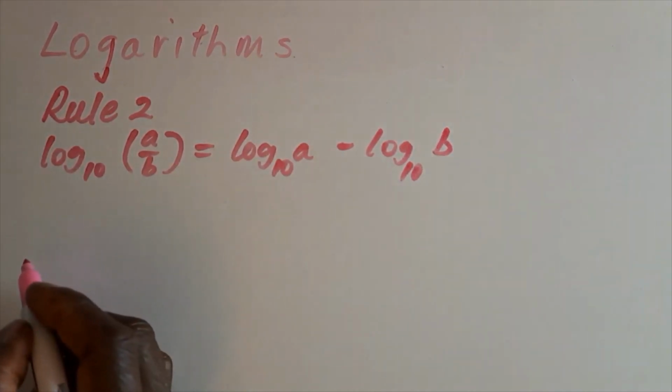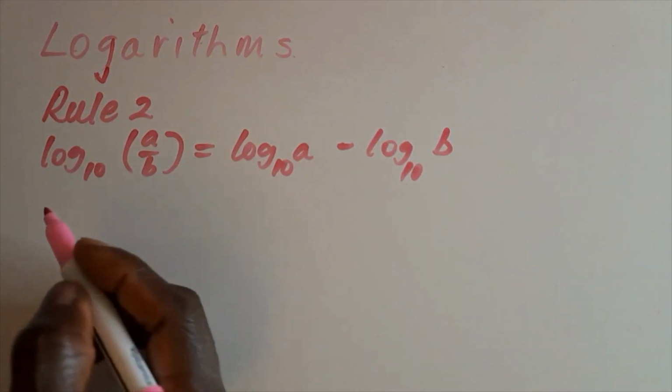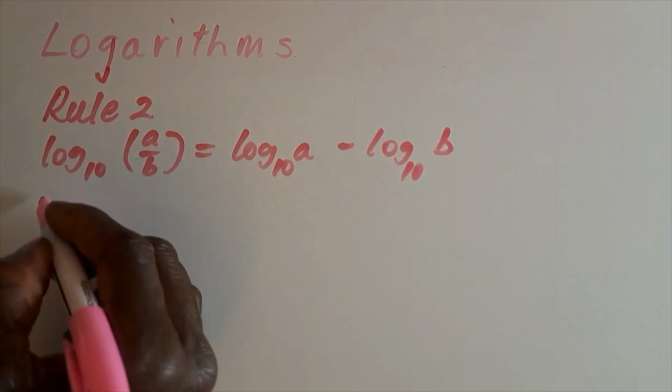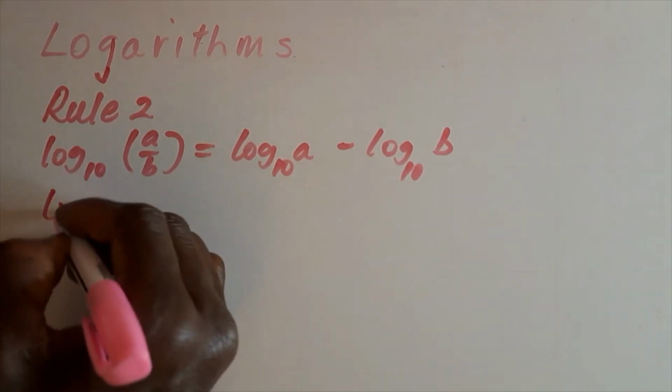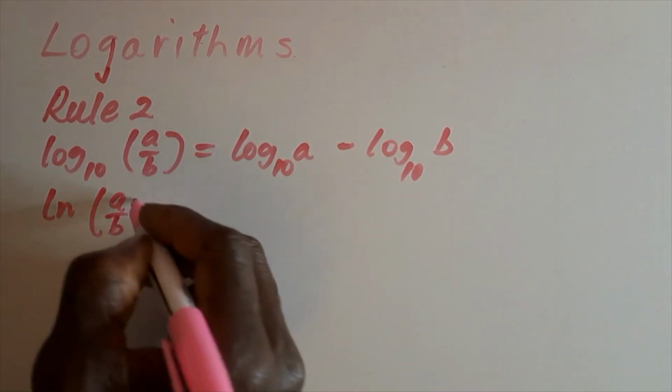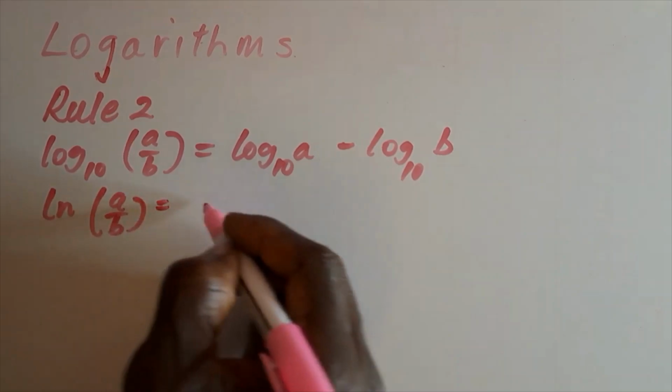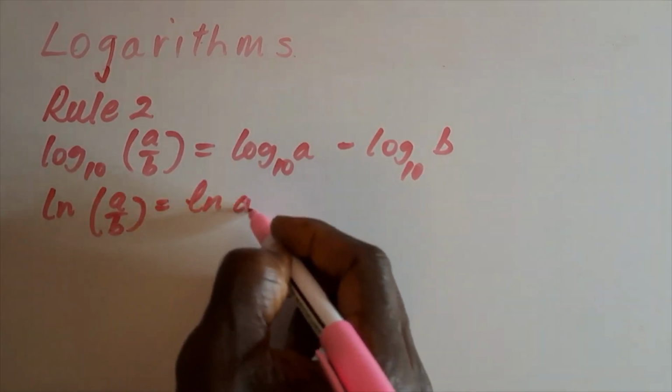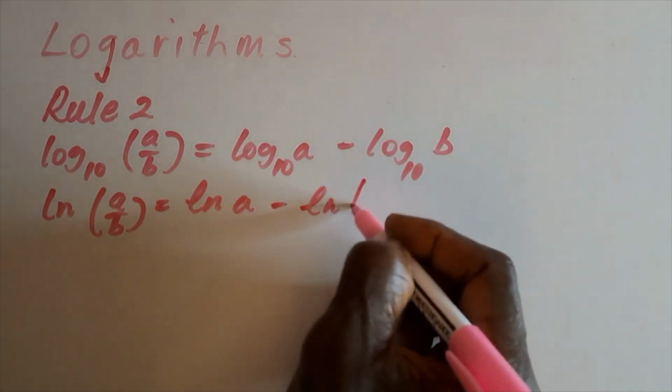And for the natural logarithm ln, which is the logarithm to the base e, we have a similar pattern. ln of a over b is equal to ln a minus ln b.